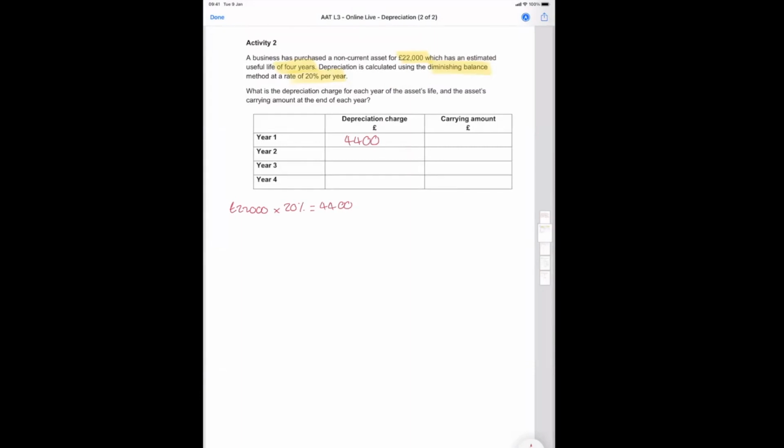Okay, the carrying amount is then the difference between the at cost amount of 22,000 and the amount of depreciation we've charged. So 22,000 minus 4,400 equals 17,600.